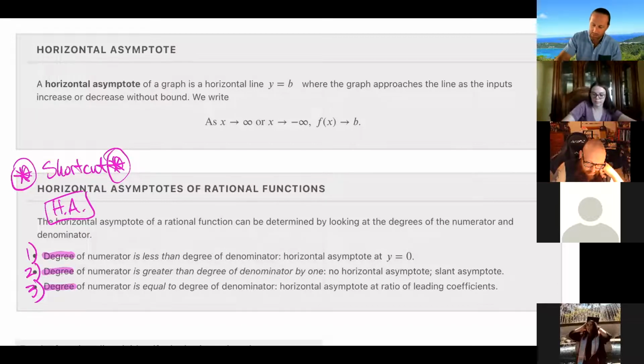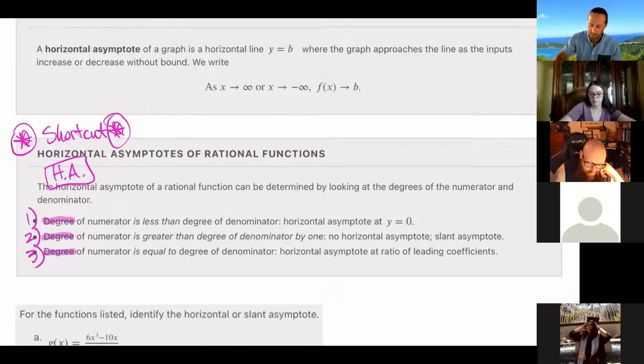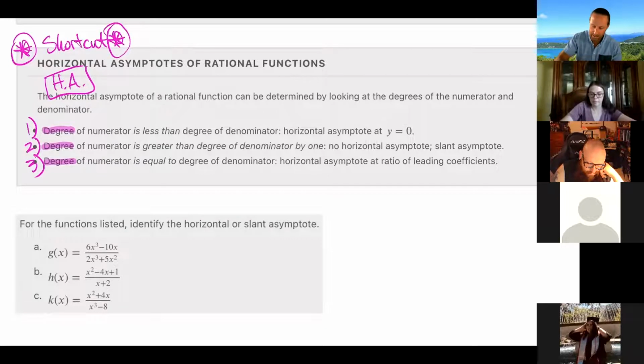So all we're going to do is focus on those exponents. Because what we can do is actually take any ugly rational function that they give us, and we can always multiply by what, my friends? One.